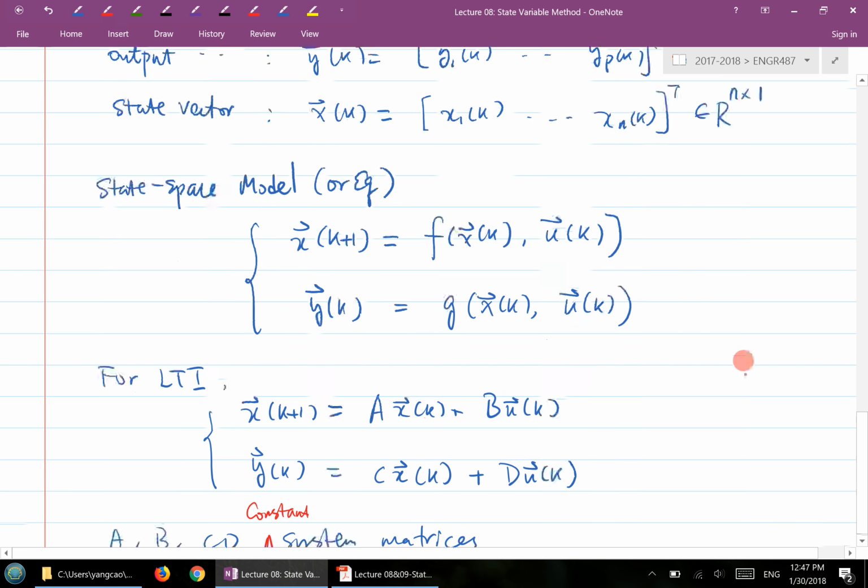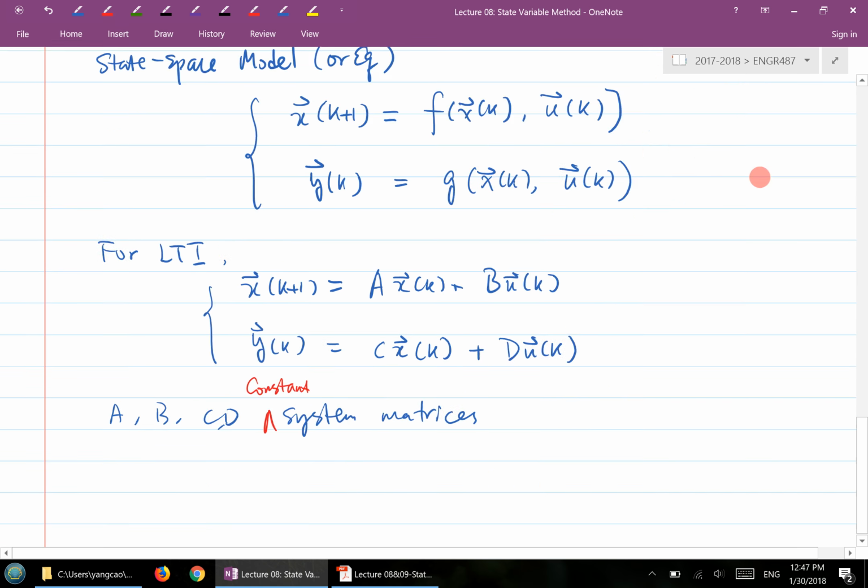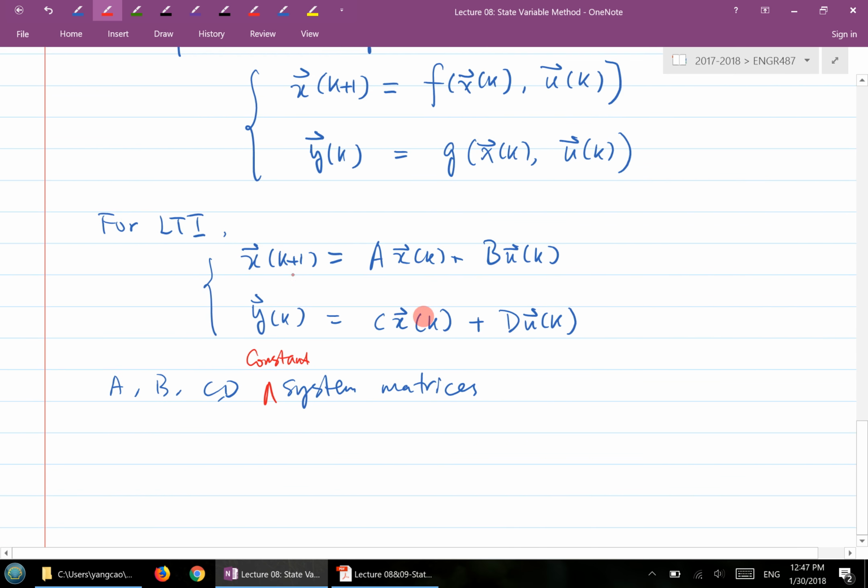So x of k is an n by 1 column vector, and then there's your output and input. A, B, C, D have to have appropriate sizes to give you the right multiplication. A is an n by n matrix.